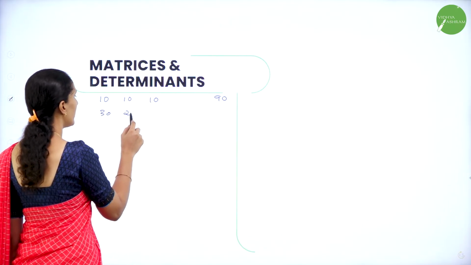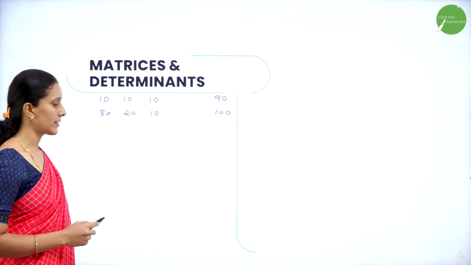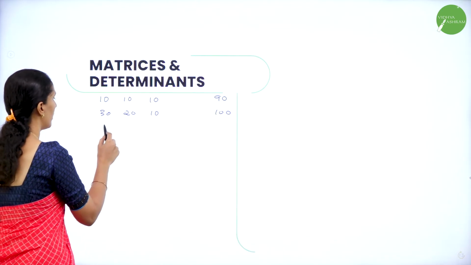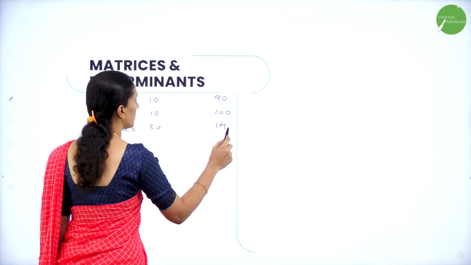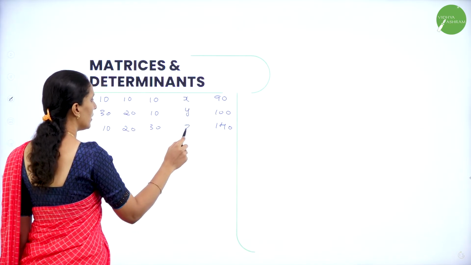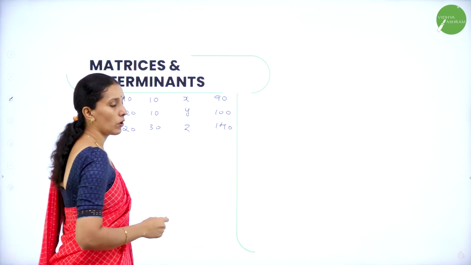Next 10, 20, 30, 140. So if you write x, y, z here, this completely becomes a simultaneous linear equation which is equal to the constant.